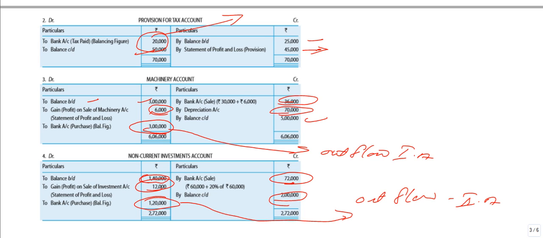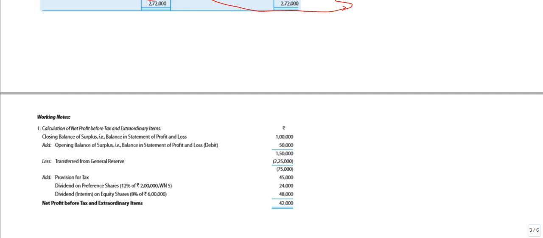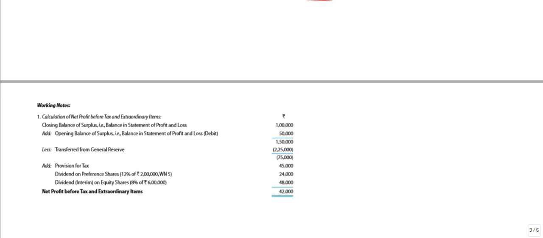Then one more thing is there for working note. We have to find out the profit before tax and extraordinary item. Our profit as per our books this year, and we add back the loss of last year, we get 1,50,000 rupees. The reserve we took, 2,25,000, we deduct from here.